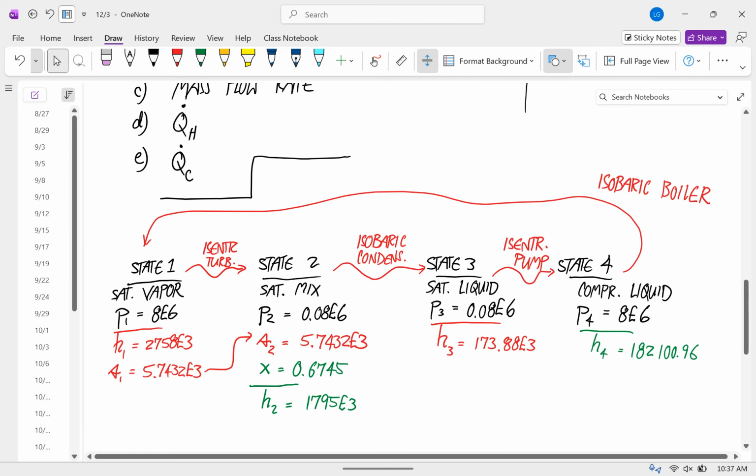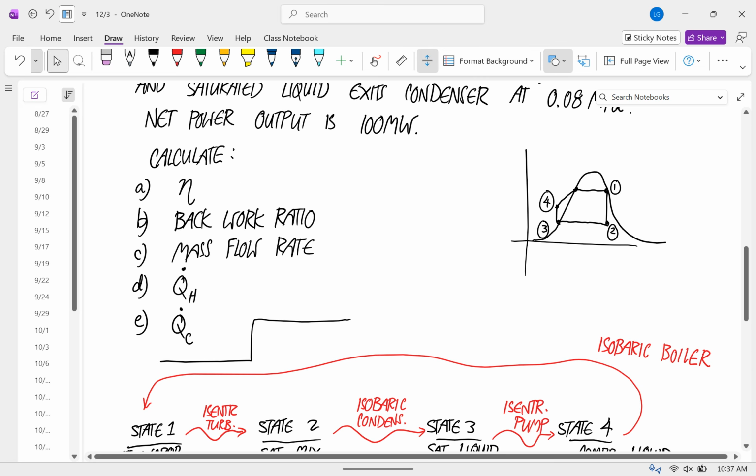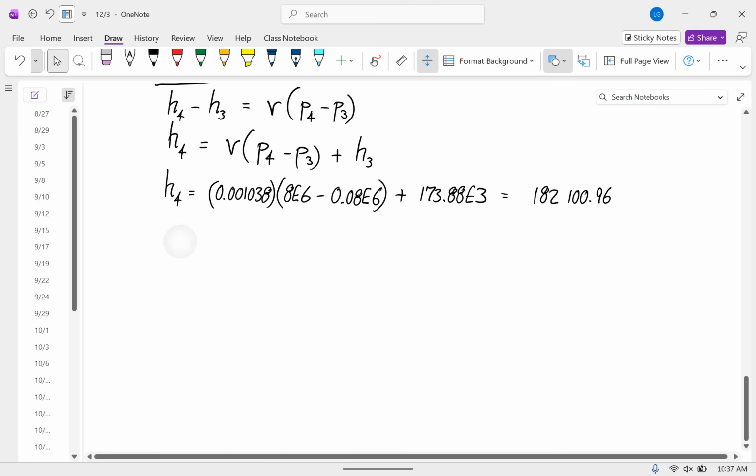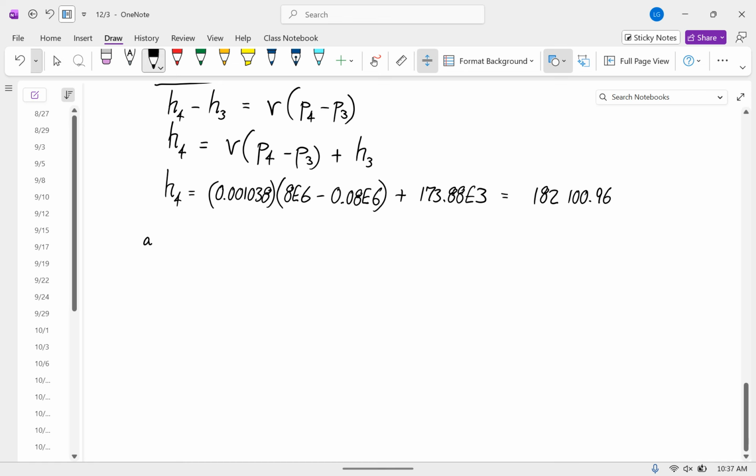And until now, we haven't even thought about what we're being asked for. But now that we have those 4 enthalpies, we can go through these questions. So part A, we're trying to calculate the efficiency. We know that this is 1 minus (H2 minus H3) over (H1 minus H4).